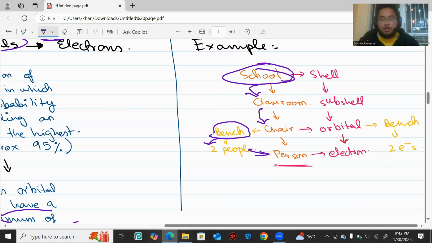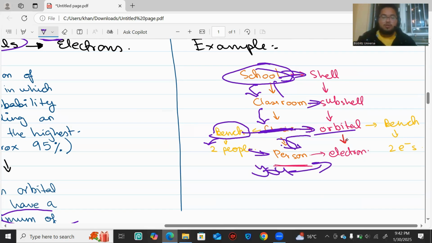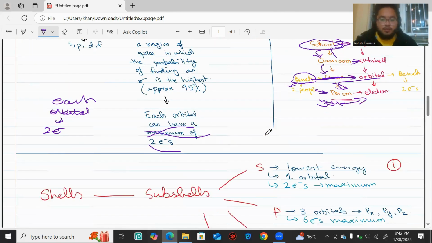So the school is compared to the shell, the classroom is compared to the subshell, the bench is compared to the orbital, and you are compared to the electron. I hope you get it.